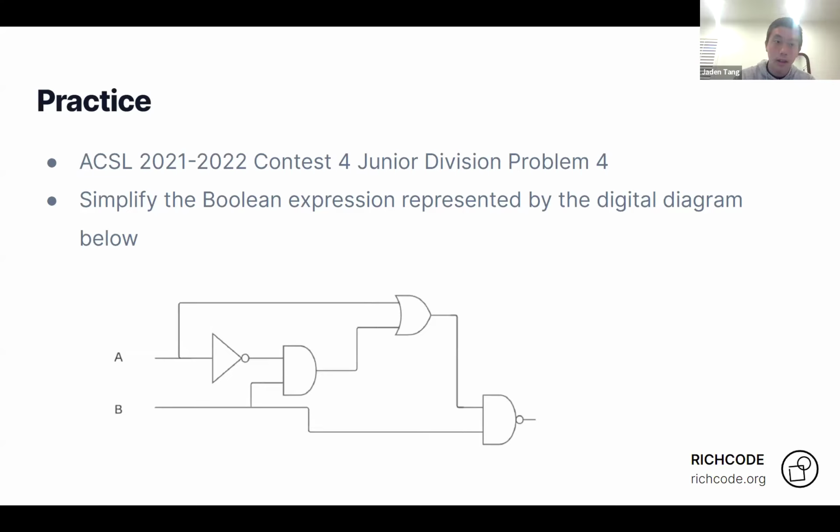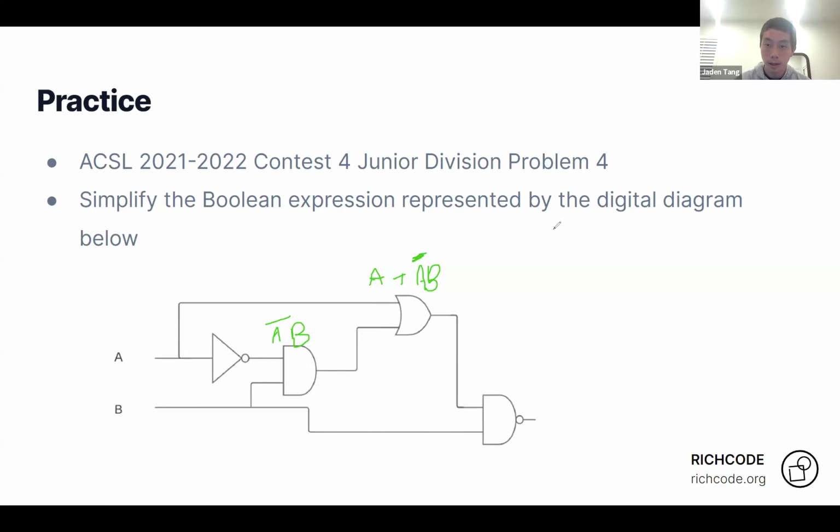Okay. So to simplify this problem, we first evaluate this as not A B, and then this as A plus not A B, not A, and then just normal B, which is not simplifiable yet.